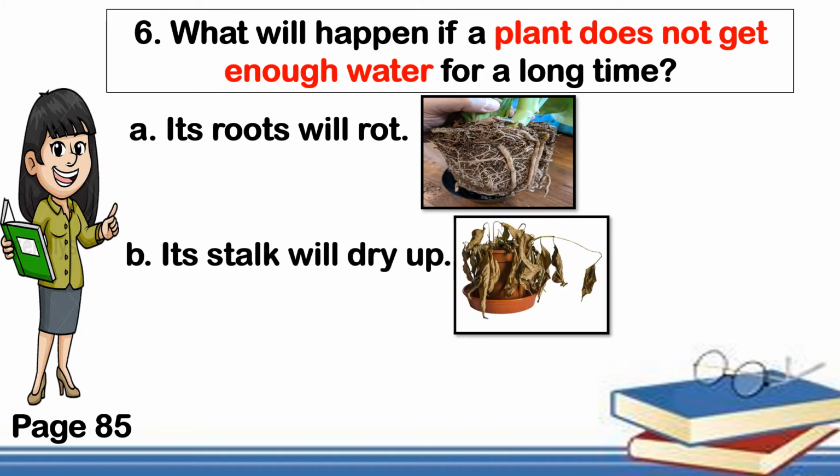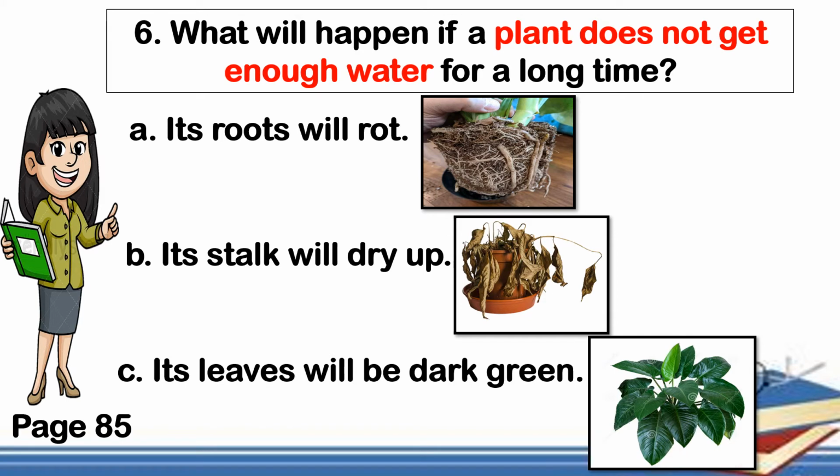Letter B. Its stalk will dry up. Stalk, or the stem. Letter C. The leaves will be dark green.